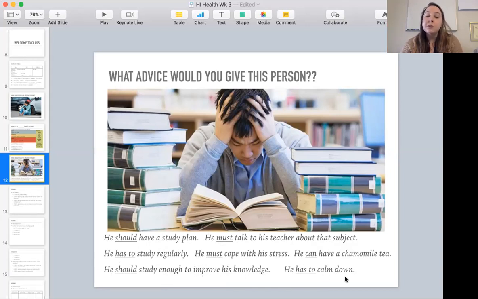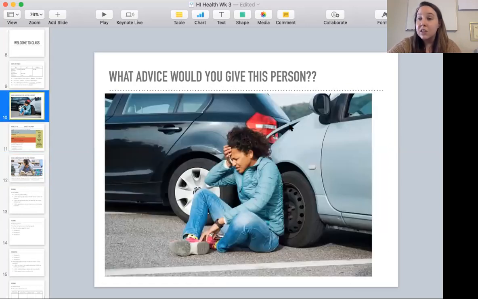So we can use modals to give advice about a number of situations. If you feel like you need some more practice, you can always add to either of these pictures. Try to think, what is some other advice that you would give to this man when he's stressed out? What is some other advice you could give to this woman who's had a car accident?